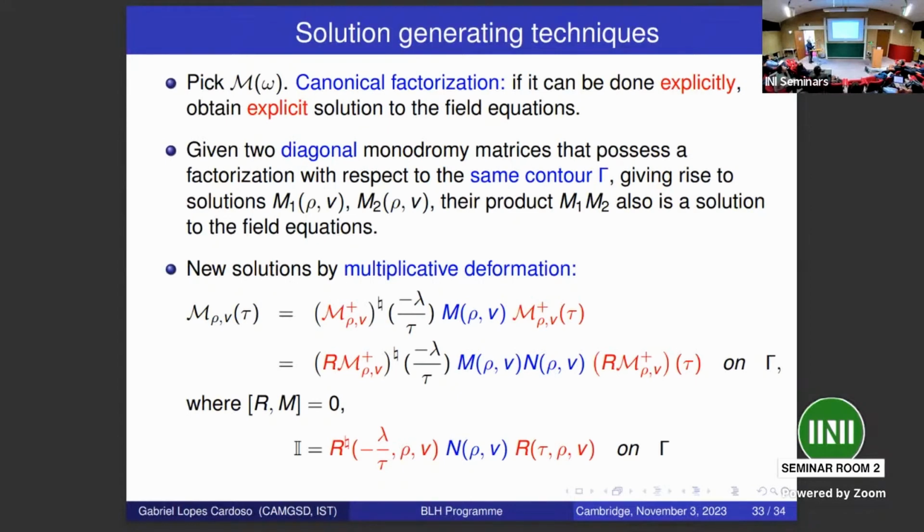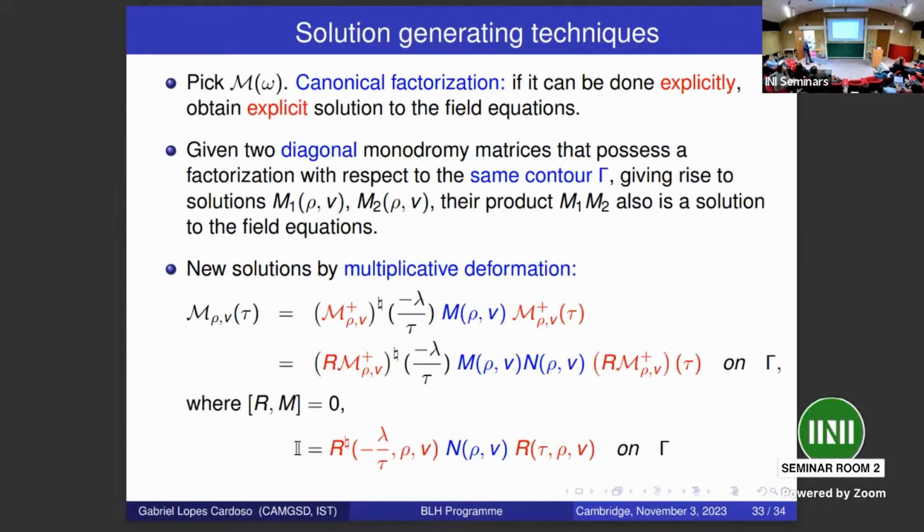You start from a canonical factorization, you insert a 1 in this manner here, where R is not necessarily analytic in the interior of the curve gamma, and in this way you get new solutions to the equations of motion from solutions that arose by canonical factorization.